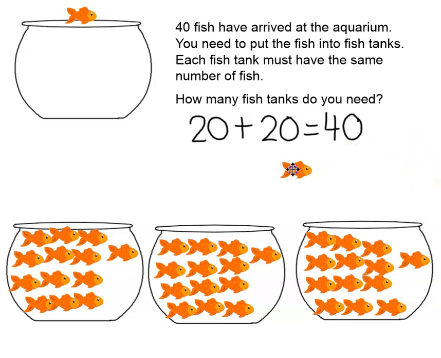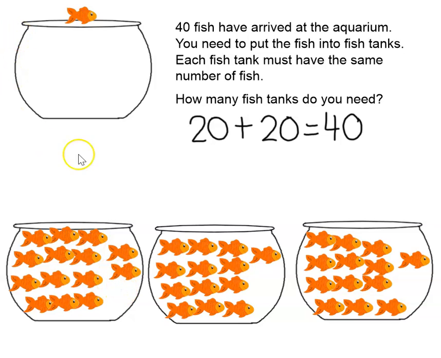Oh, but we still have 1 more fish. So if we add it to a tank, will each tank have the same number? No, they won't. So that won't work.